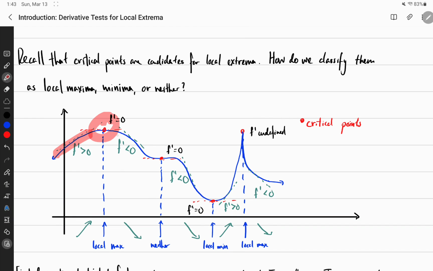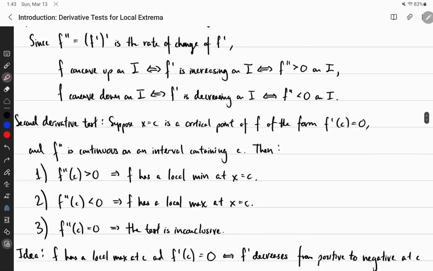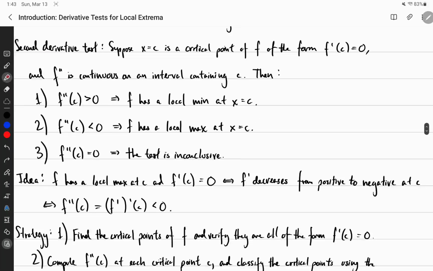At the critical point, the derivative is 0, and to the right of the critical point, the derivative is negative, which means that as we move from left to right through the critical point, the derivative is decreasing from positive to negative. What that means in terms of the second derivative is that the second derivative at the critical point, in other words, the rate of change of the first derivative, is negative. The derivative is decreasing. So that's the idea of the second derivative test.